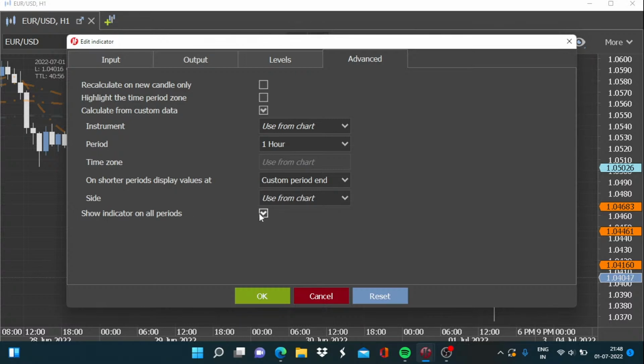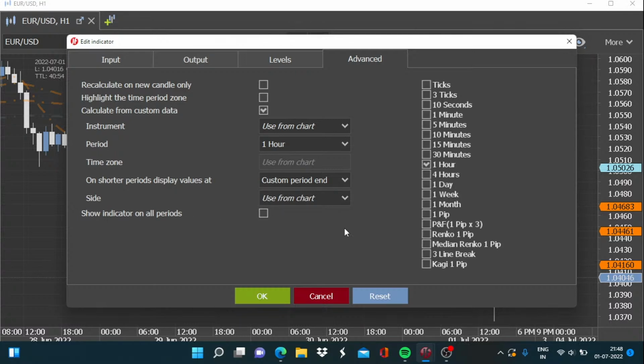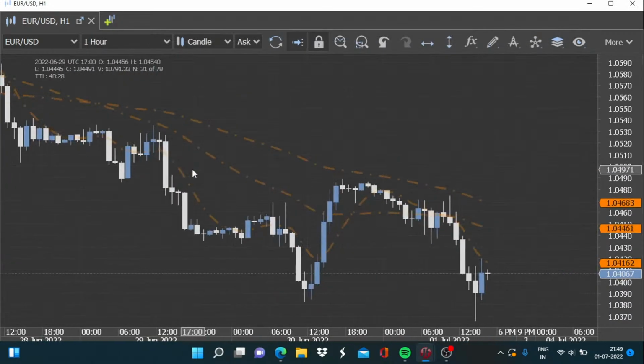Show indicator on all periods. Suppose you don't really want to see any particular WMA on any given time frame. Suppose I plot it for 15 minutes and I don't really want it elsewhere.